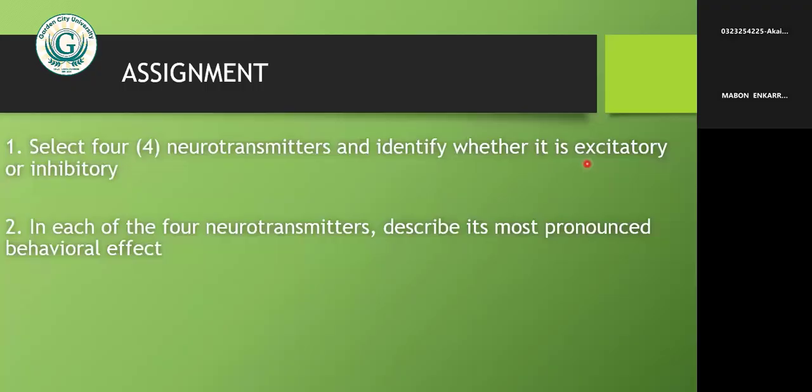The action potential is generated on neuron 1. It will travel through the axon of neuron 1 and get to neuron 2. But between neuron 1 and neuron 2, there is what we call the synaptic junction. At that synaptic junction, there is a release of a neurotransmitter, either excitatory or inhibitory. If it is the excitatory one, then neuron 2 will also begin to transmit the impulse to neuron 3. So that's how it moves.